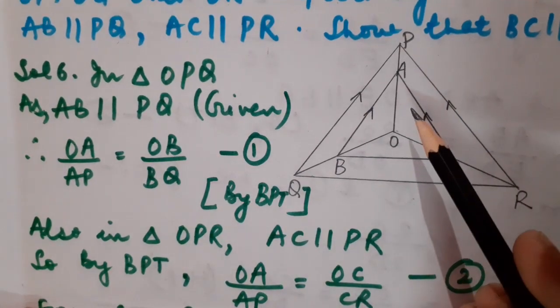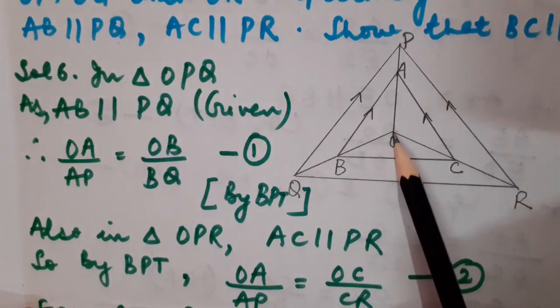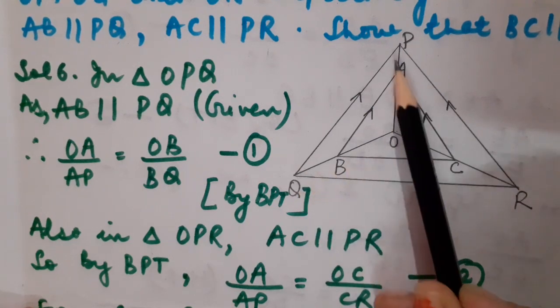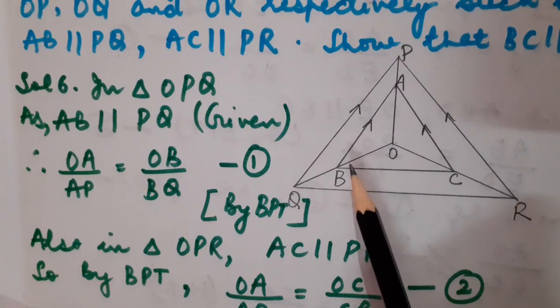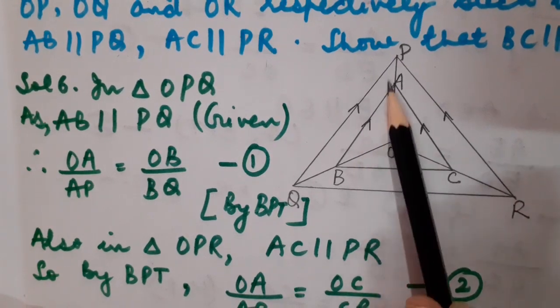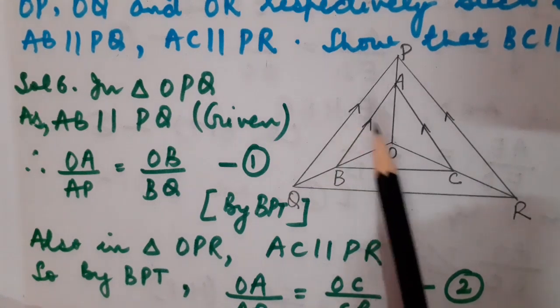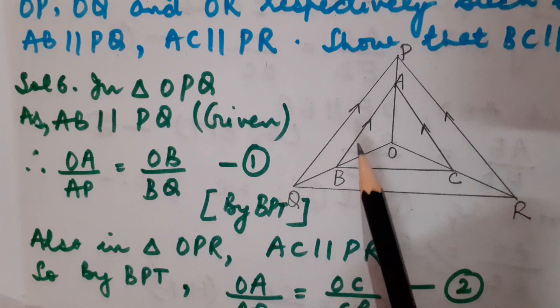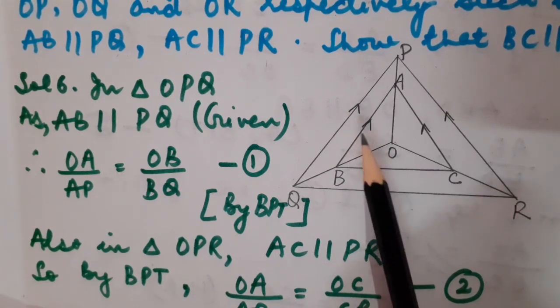You can see that there is a triangle OPQ. This is O, this is P, this is Q. Why children, have I chosen this very triangle? There is a reason behind it, because I am given that AB is parallel to PQ. So to apply basic proportionality theorem, I have to choose that very triangle in which both these parallel sides are lying.